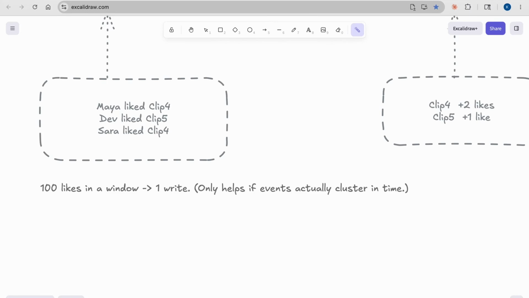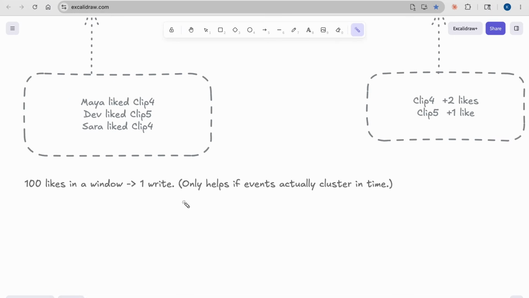So if we have 100 likes in that window, we do 1 write instead of 100 writes. This only helps if events are coming in that window; otherwise it falls back to the same writes we have.